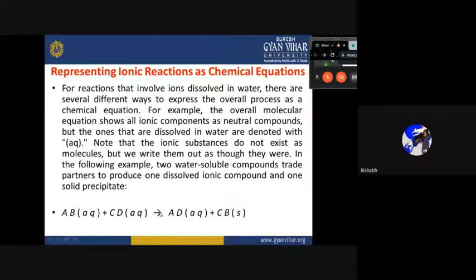Another chemical that is formed as a product of the reaction is CB, and it is in the solid form, which means it is being precipitated to the bottom of the beaker. Okay, it is not in the dissolved state.